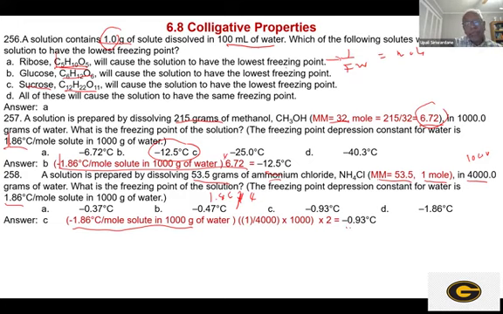You get 0.93. Why 2 here? Each ammonium chloride mole produces 2 particles. That's why this is multiplied by 2. You get 0.93.